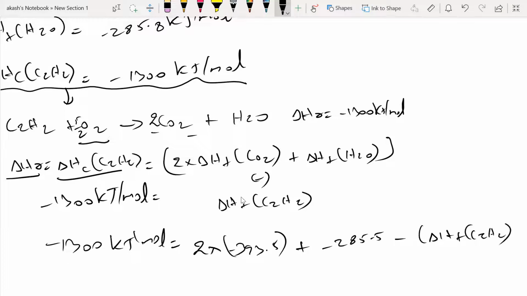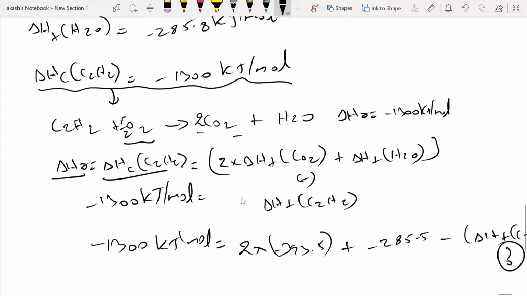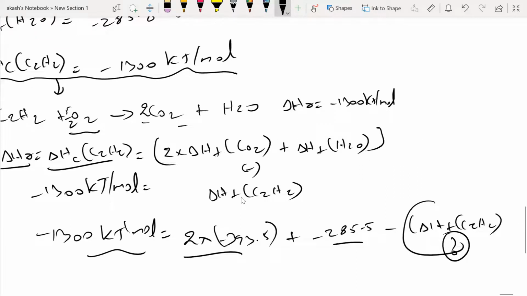This value is what we need to find, and all the other values are known to us. So you just have to find this value from this equation. This is one way.